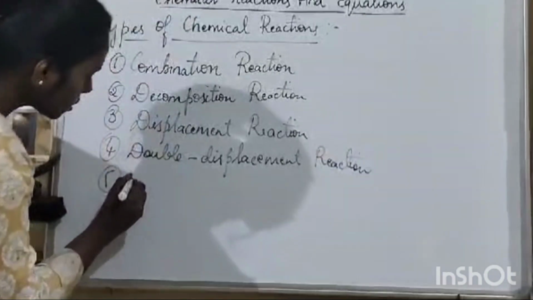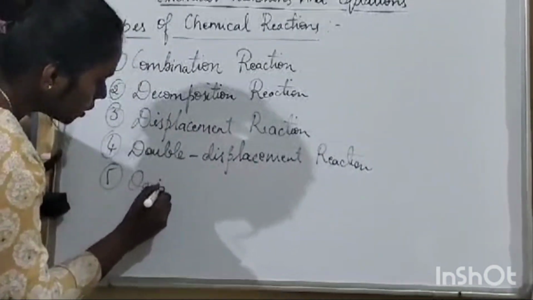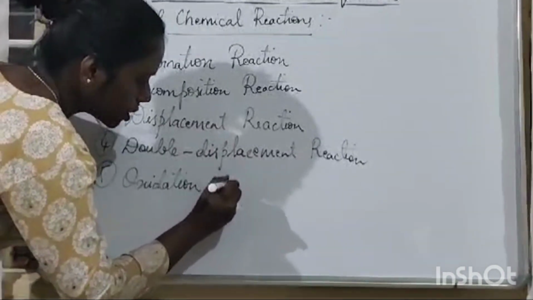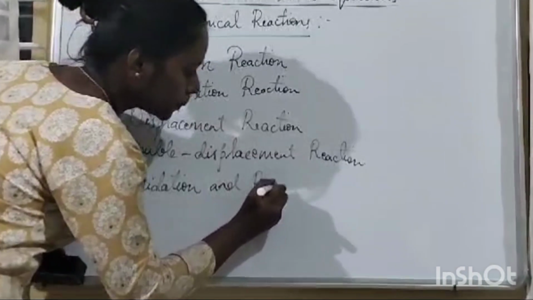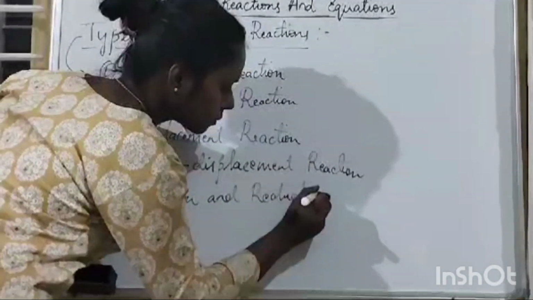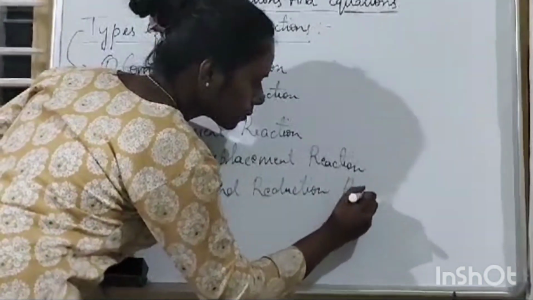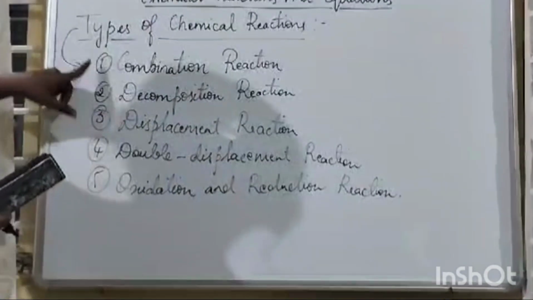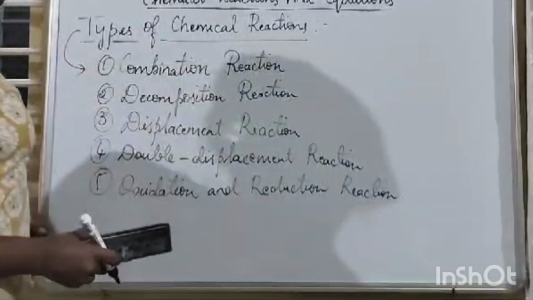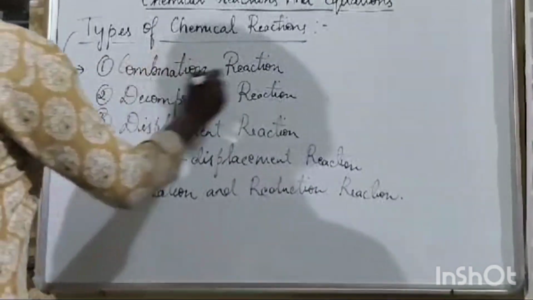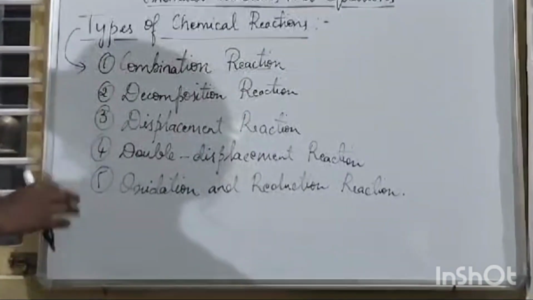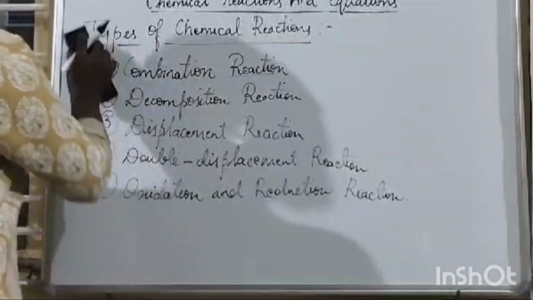And the fifth one is oxidation and reduction reaction. So these are the 5 different types of chemical reactions. Now let us look into each and every reaction in detail with an example.